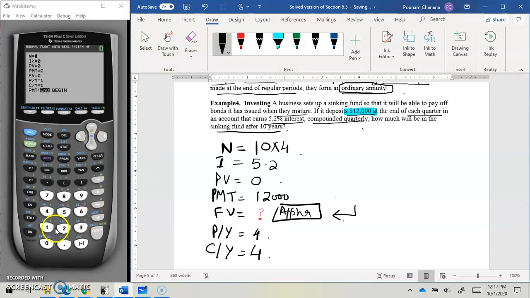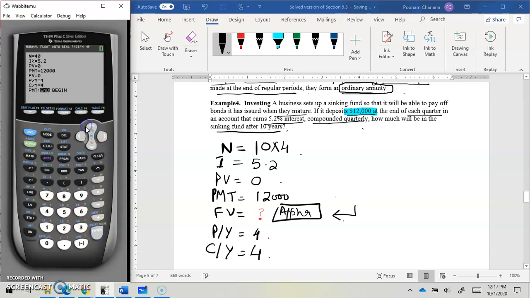Let's try that. So, N is 40, interest rate is 5.2, present value is 0, payment is 12,000, future value unknown, leave it 0 for a second, payments per year is 4 and compounding per year is 4.